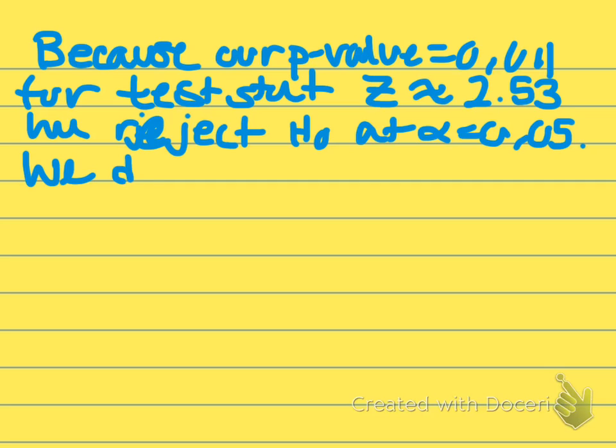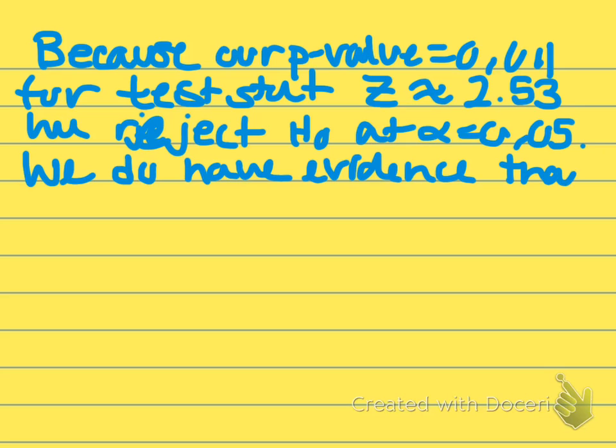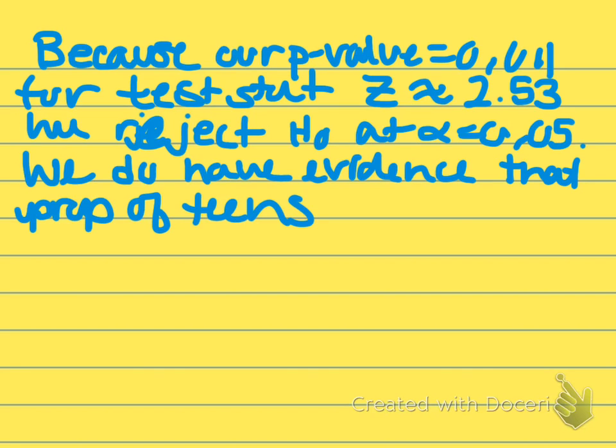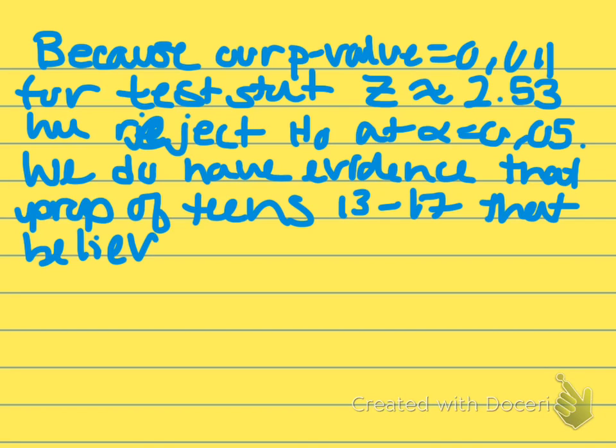We do have evidence that the proportion of teens age 13 to 17 that believe they should wait to have sex until they're married is not 0.5. Oofda. I'm going to be done with that one.